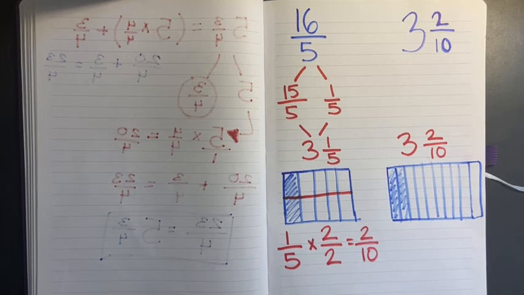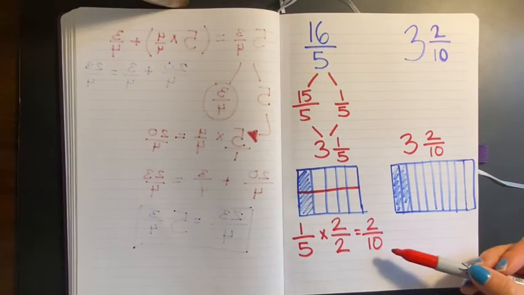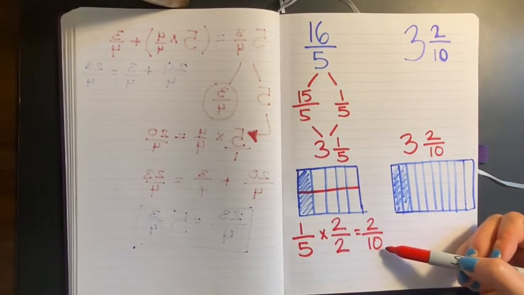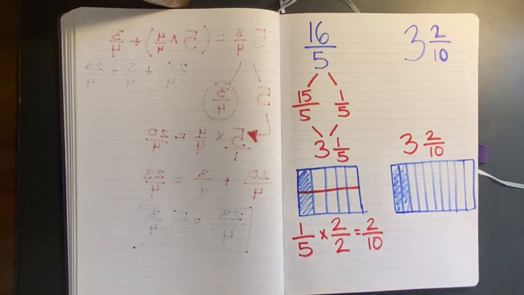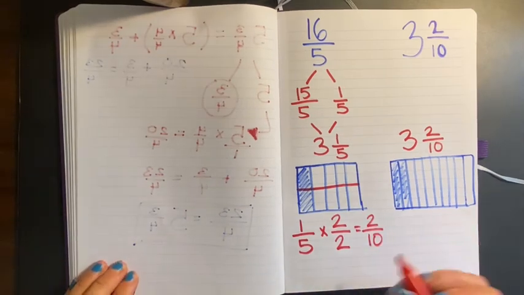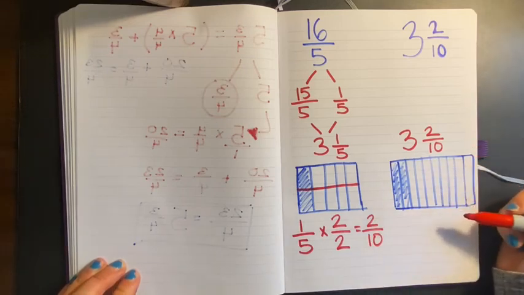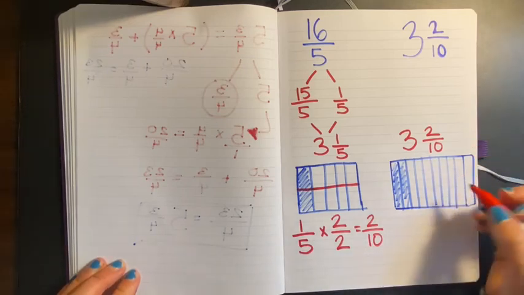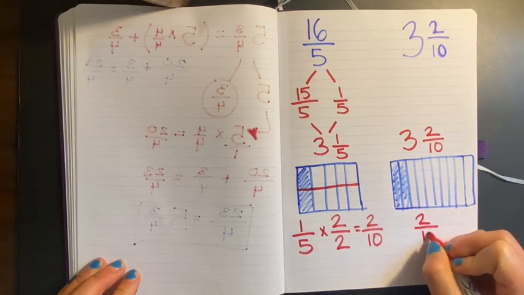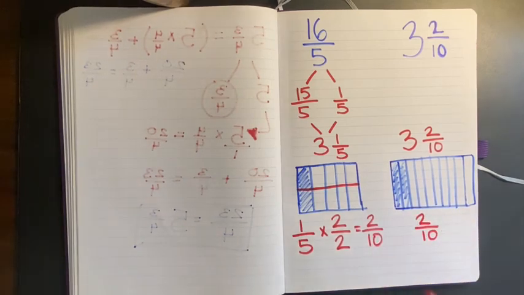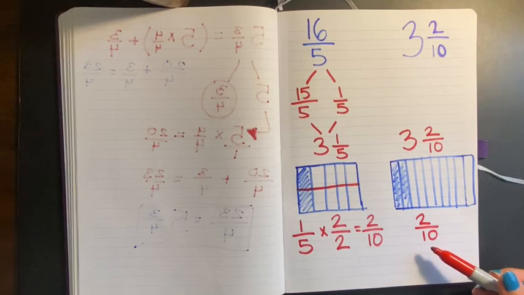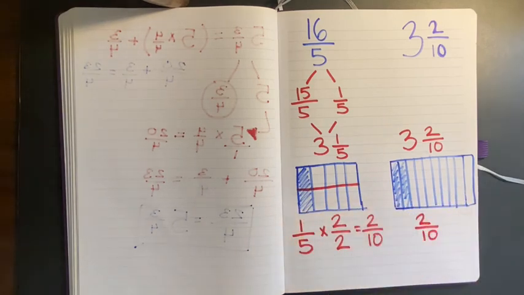So we show here that 2 out of the 10 boxes are filled out once we have decomposed, giving us the fraction 2/10. We are comparing it with the fraction that we started with on this side, which is 2/10. 2/10 has the same value as 2/10, and we show that in our area model.